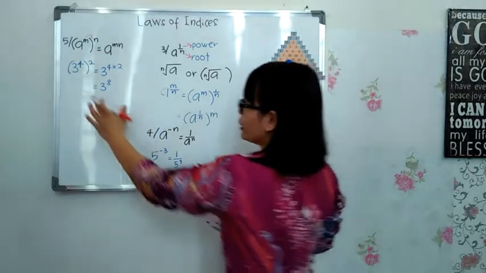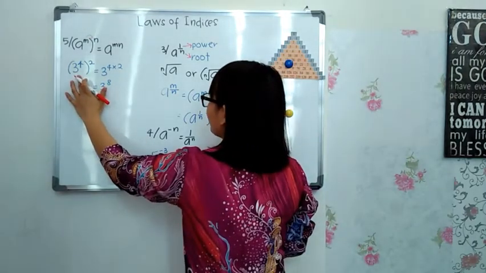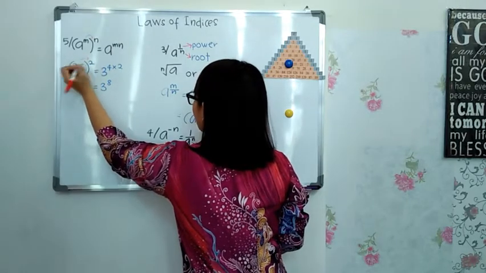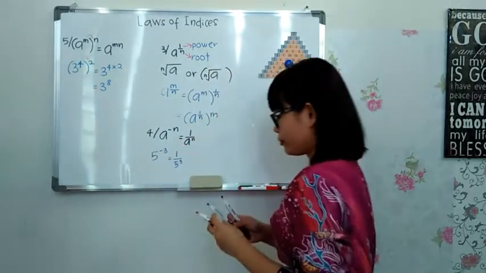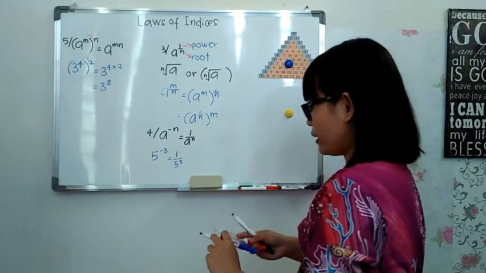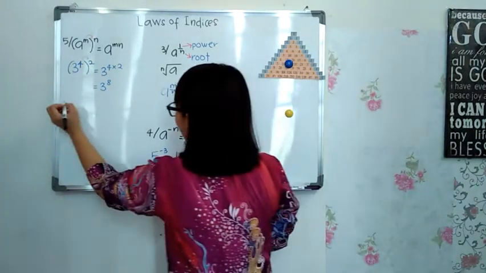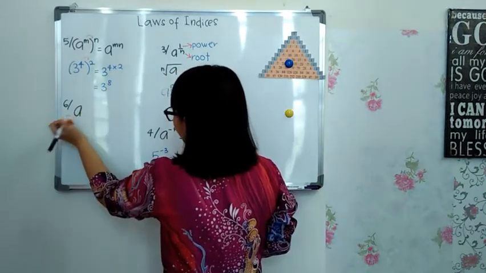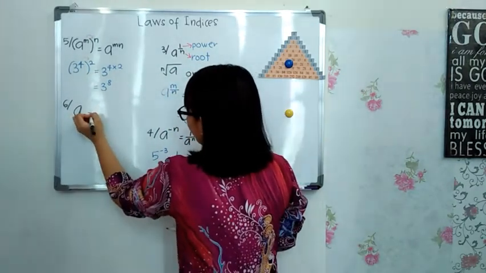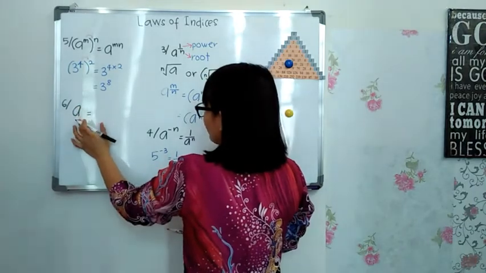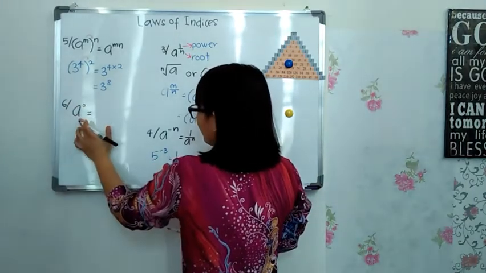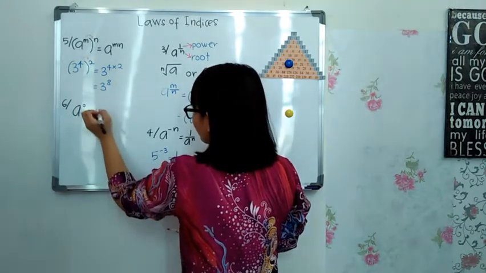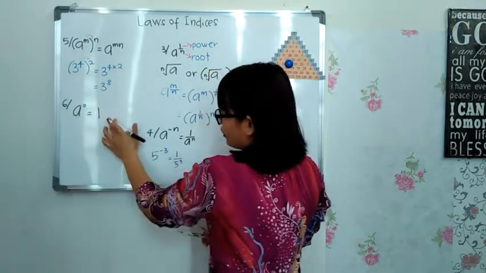You must remember, when you see this question, it means multiply. Okay, the last one is a to the power of 0 is equal to 1.